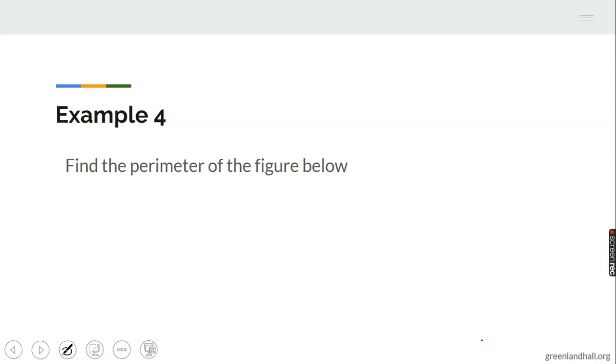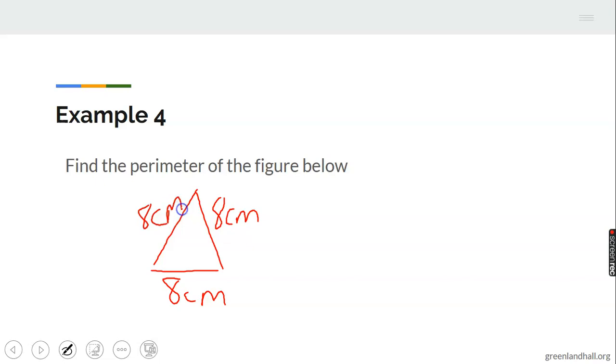Let's look at another plane figure, which is a triangle. This is a triangle. The triangle has 3 sides. If you are looking for the perimeter of a triangle, this side is 8 centimeters, this side is 8 centimeters, and this side is 8 centimeters. The reason I'm doing this is because I'm assuming that all its sides are equal, okay? Because we can have unequal sides also.